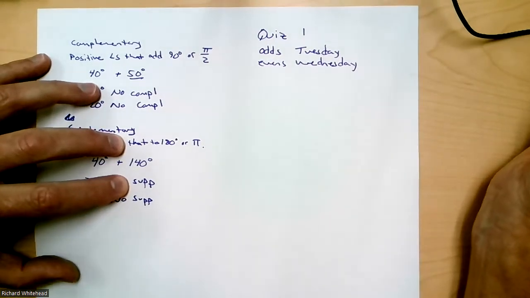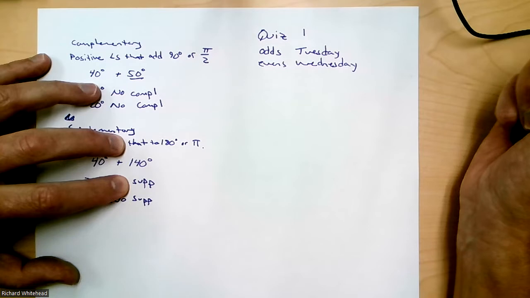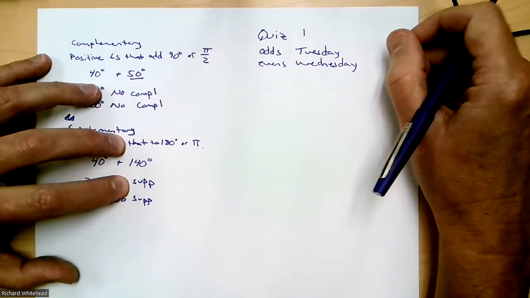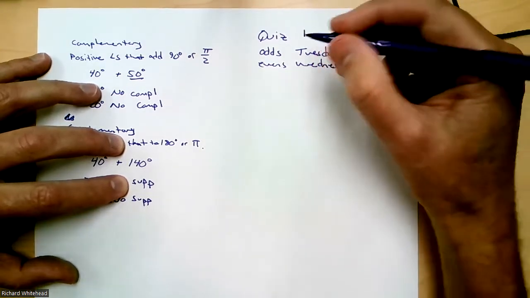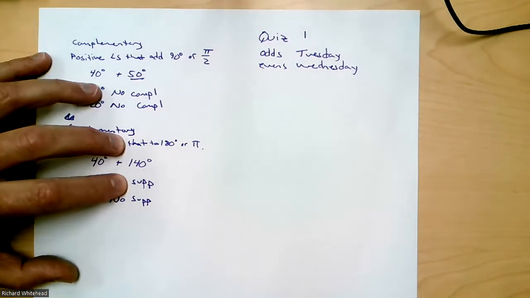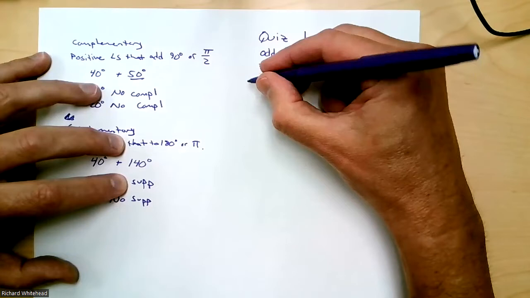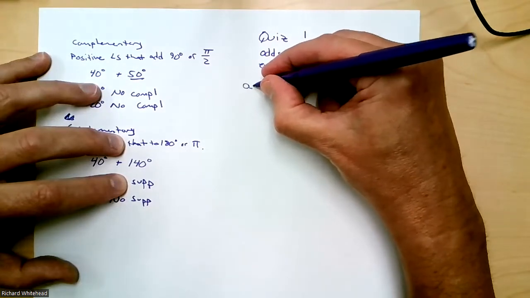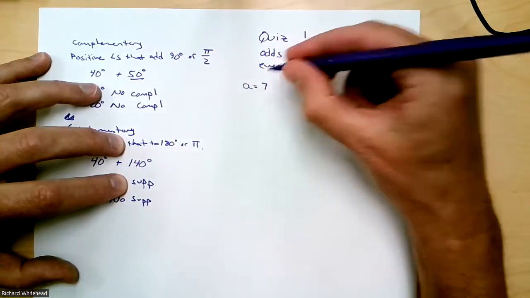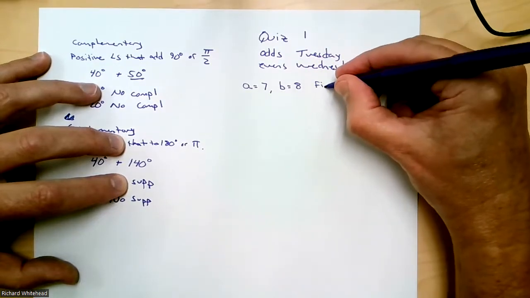It's going to have one question where it'll say something like, A is equal to 7, B is equal to 8.